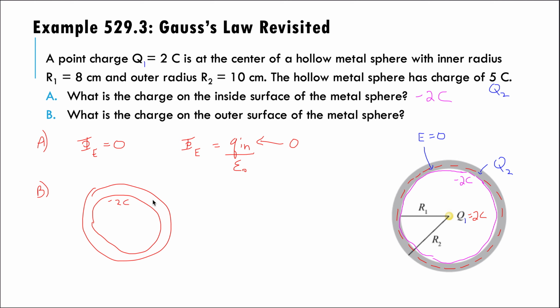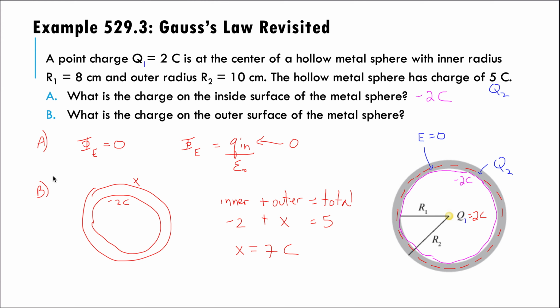So we can say it has charge X on the outer surface. That means the inner plus the outer surface is going to equal the total charge on that hollow metal sphere. So negative 2 coulombs plus X equals a total charge of 5 coulombs. That means X equals 7 coulombs.